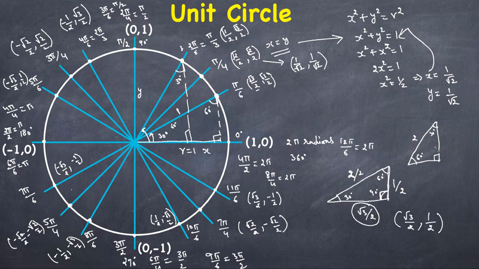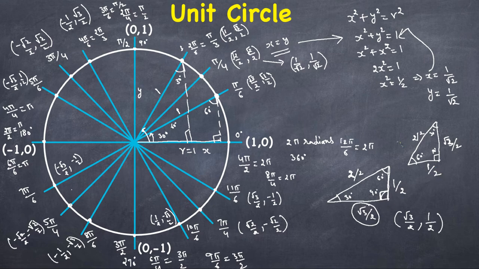Along 30 and 90 is root 3, and along 60 and 90, sorry, is 1. But in our case, this side is 1, which is just the radius of the circle, so we need to divide everything by 2.